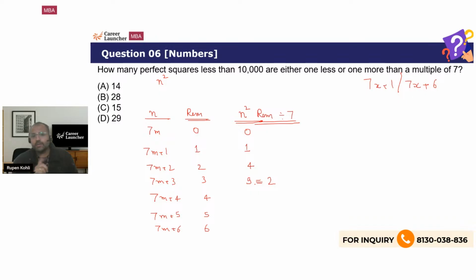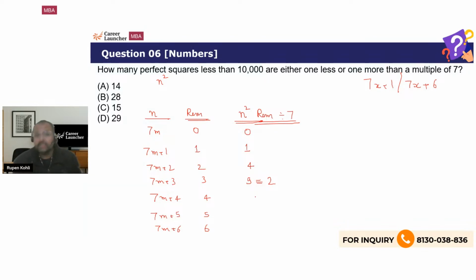सिंपल सा कंसेप्ट है रिमाइंडर में, जो नंबर के साथ किया जाता है वही रिमाइंडर के साथ भी हो जाता है. आपने नंबर को स्क्वायर कर दिया है तो रिमाइंडर भी स्क्वायर हो जाएगा. आप चेक करके देख सकते हैं, जैसे कि 7m plus 3, for example 10 is a multiple of 7 plus 3, 10 square is 100, 100 when divided by 7 gives a remainder of 2. 100 is 98 plus 2, 98 is a multiple of 7, right?